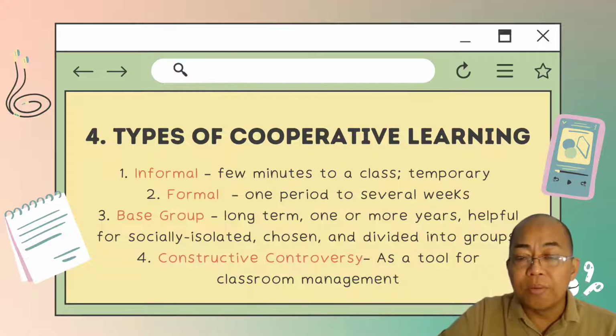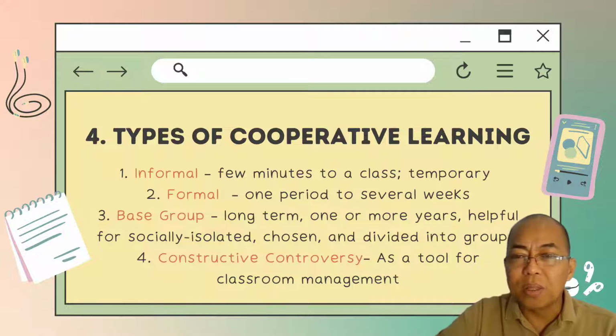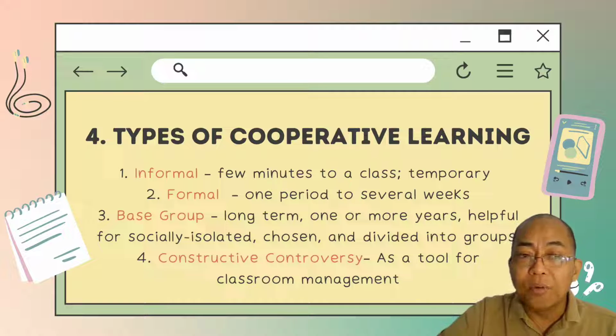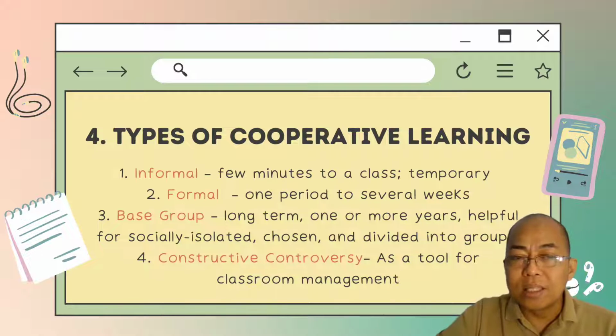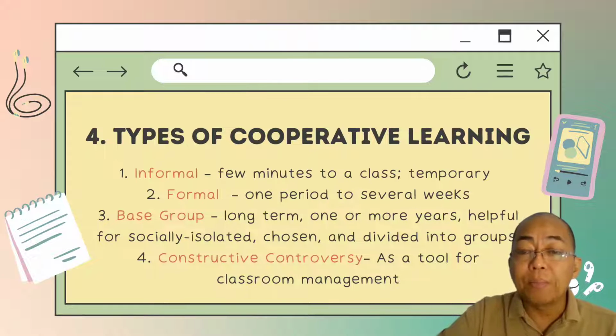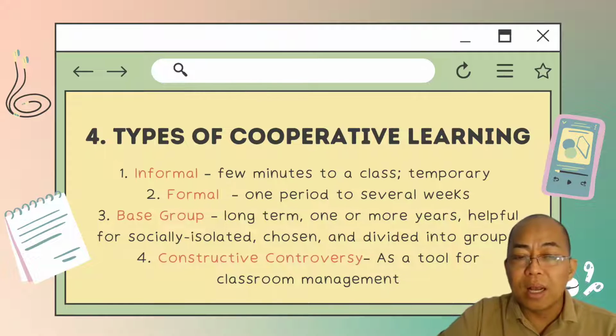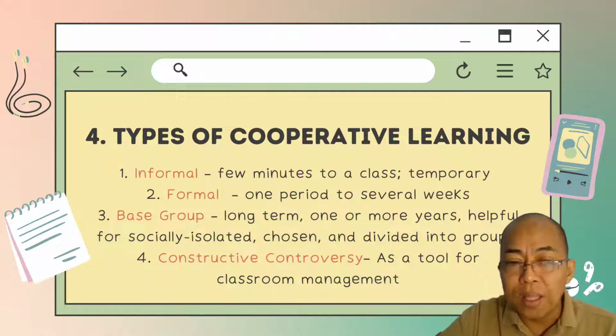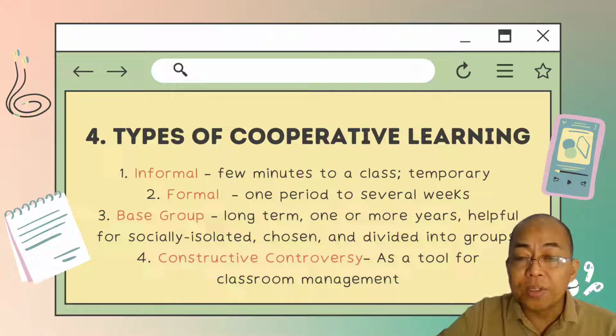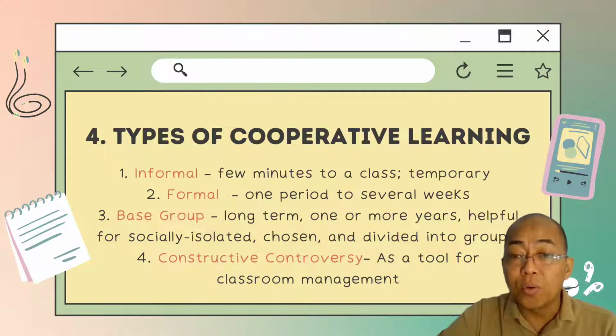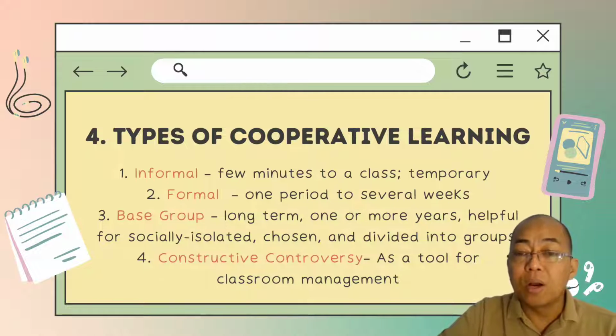Here in formal cooperative learning, the teacher does not simply provide the materials, but actually teaches the important concepts or principles about the topic being studied. So here the teacher explains the task to be completed, the criteria for success, probably provides a rubric, which will be used to assess the group, and very important, the elements of cooperative learning should be discussed.